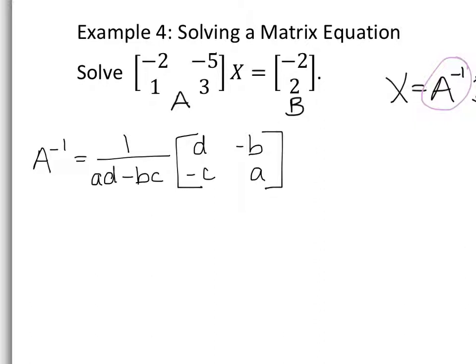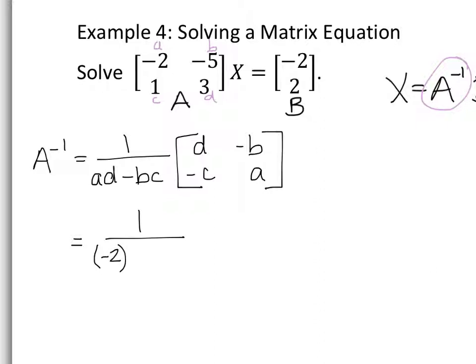So we need to fill in numbers for that. If you want to go through and label this A, B, C, and D, that might help you. So 1 over, what goes in the A spot? Negative 2.